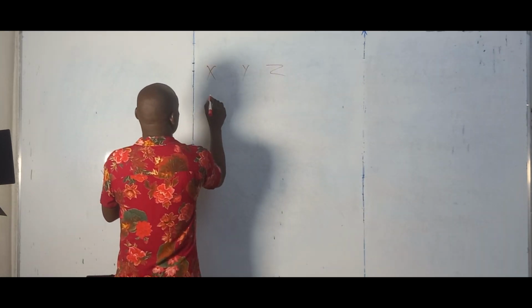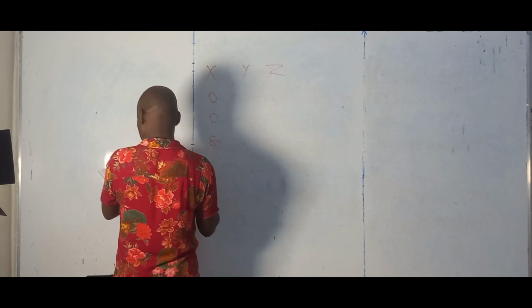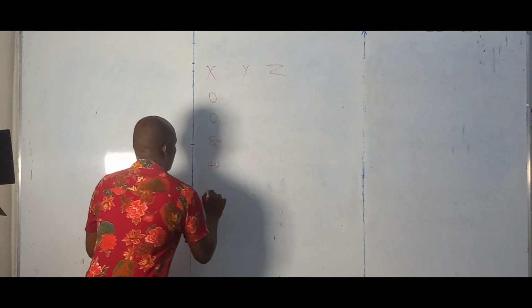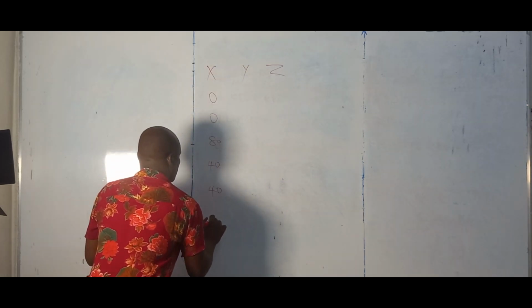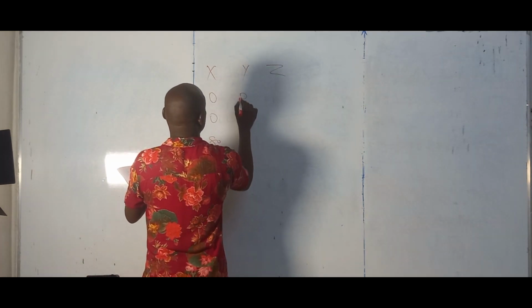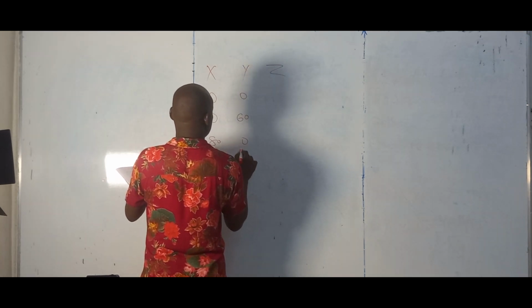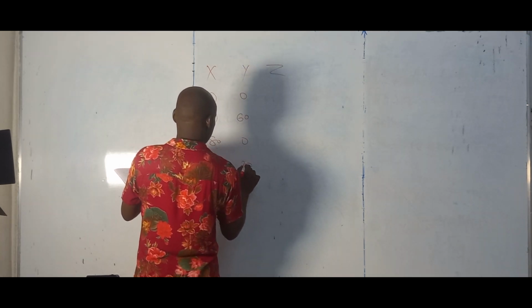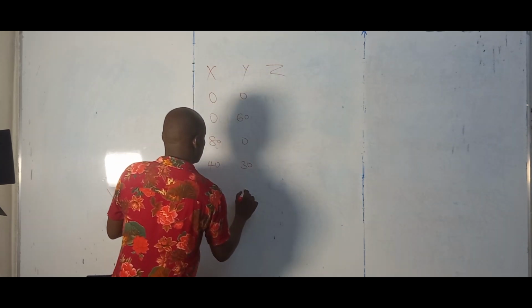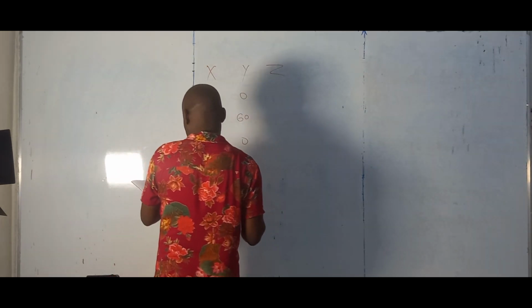So X, we have 0, 0, 80, 40, 40, 0. Y, we have 0, 60, 0, 30, 0, 30, 0, 30.